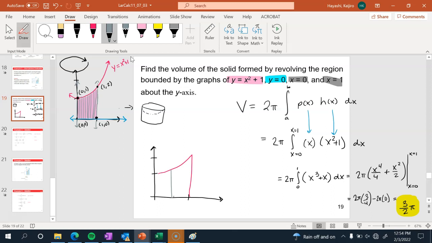If we just think about one of these shells, imagine taking any arbitrary slice from within the region.